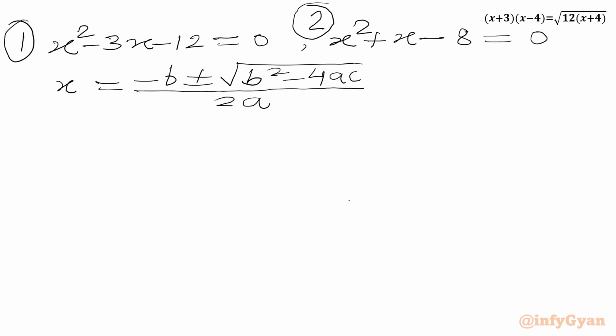So for the first equation, the values of a, b and c: a is 1, b is minus 3, c is minus 12.